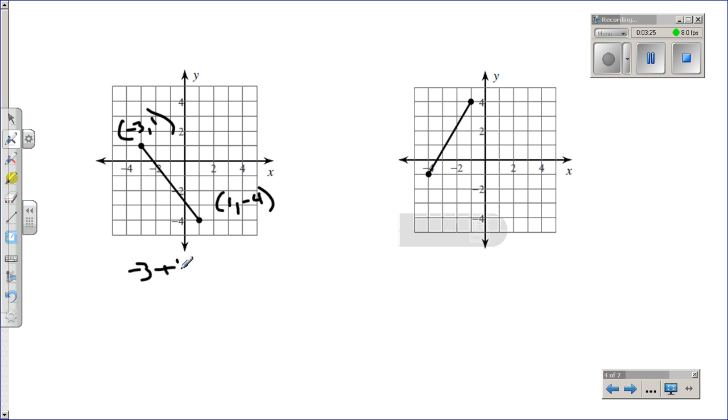-3 plus 1, my x's, divided by 2. 1 plus -4 divided by 2.